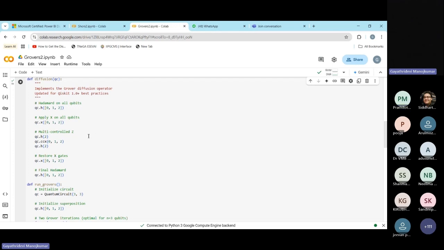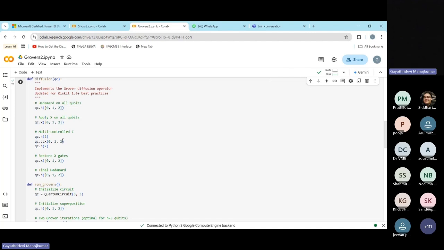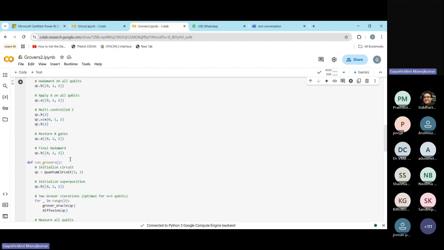And I'm applying a controlled Z gate along with the Toffoli so that it applies the phase flip to 000, indirectly affecting the 101. Then undo this X gate and apply the Hadamard gate again. Automatically this step constructively interferes.